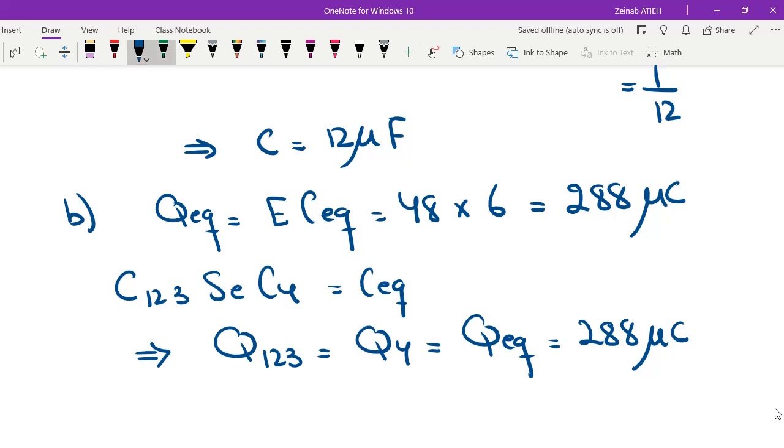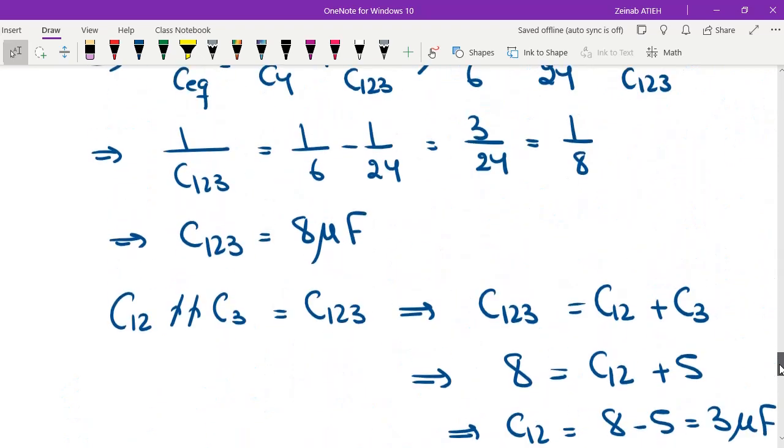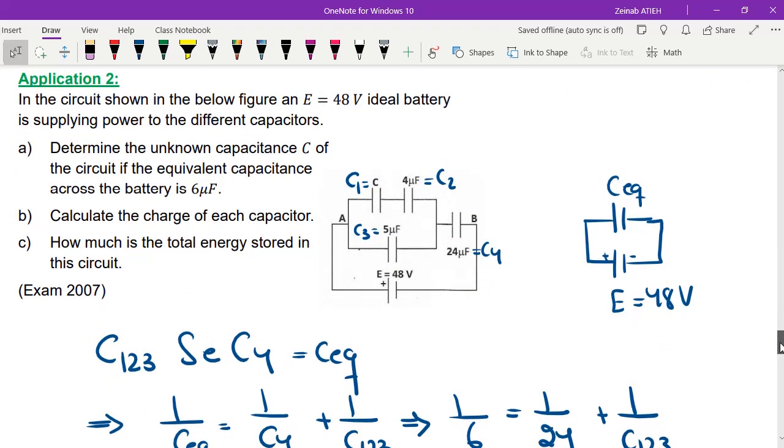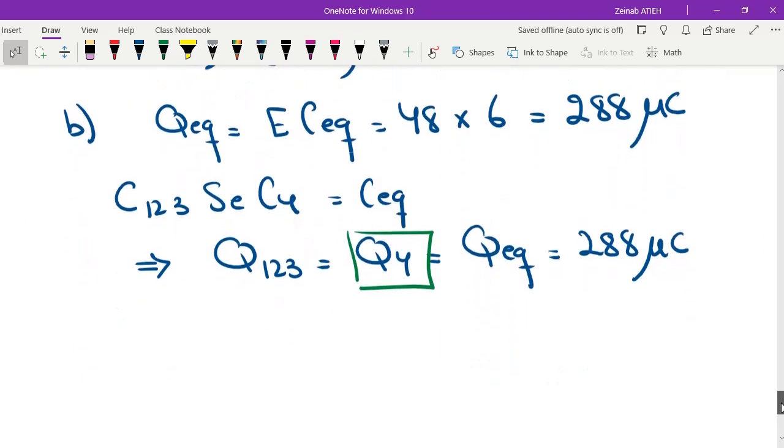And this way I found the first Q, which is the Q of 4. Okay, I want to find V4. Let me calculate V4 directly. He's not asking for V, I guess; in the question he was just asking for the charge of each capacitor. So he just was asking for Q. Okay, we found Q4, let's go back.